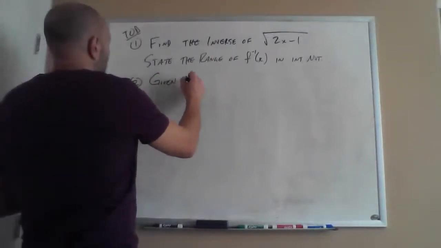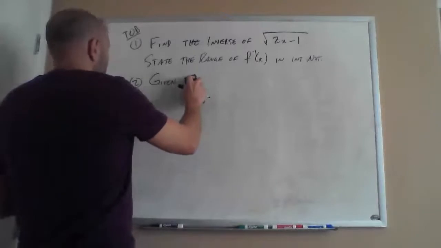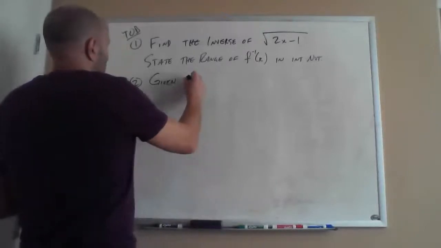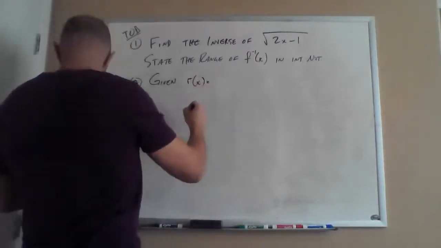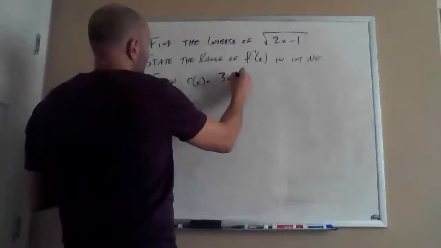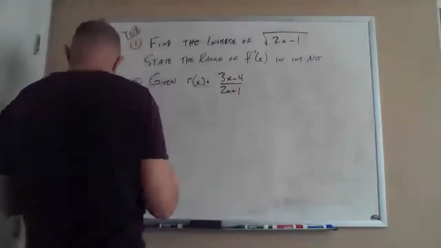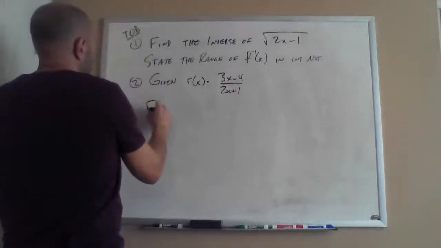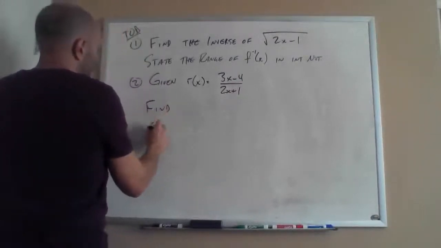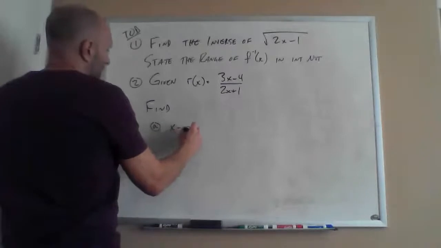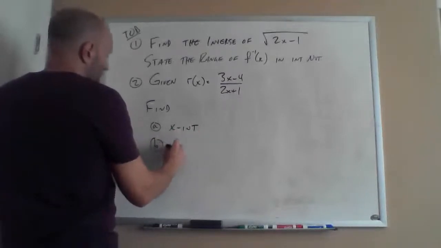And then 2, given r of x is equal to 3x minus 4 over 2x plus 1, find the following. Find the x-intercept. Find the y-intercept.